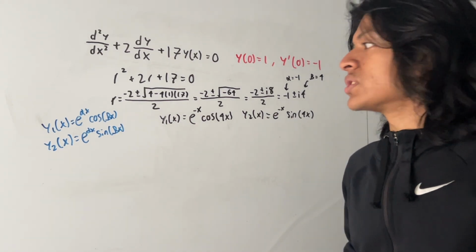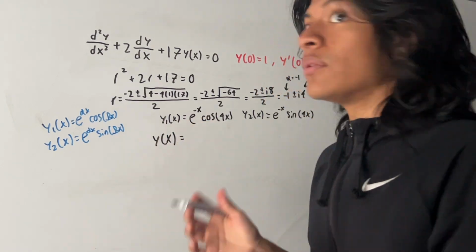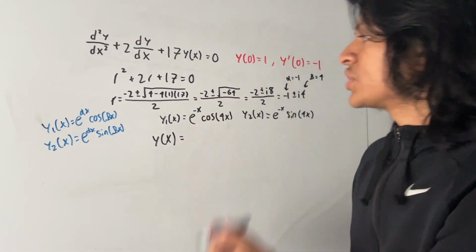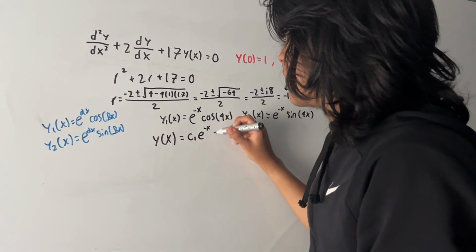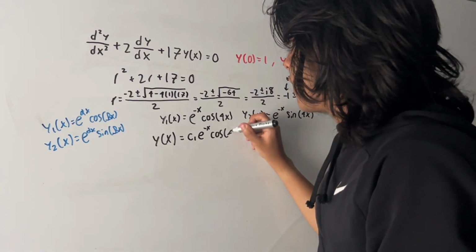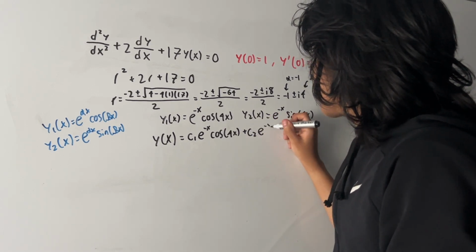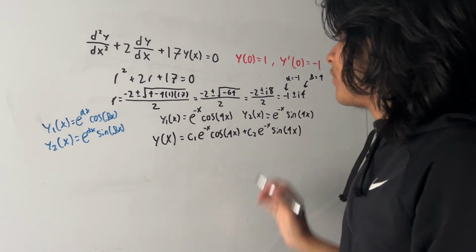And our general solution for this problem, y of x, and again, we need the general solution to solve for these initial conditions, is c1 e to the negative x cosine 4x plus c2 e to the negative x sine of 4x.